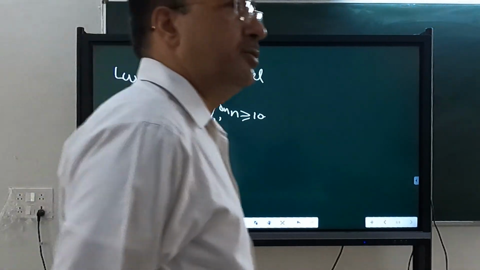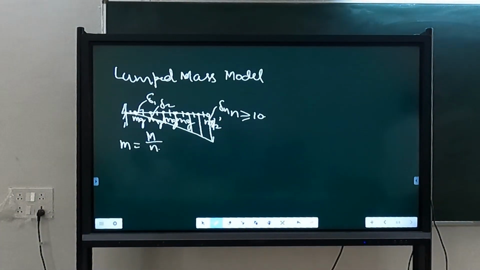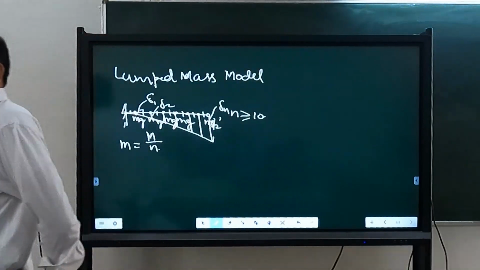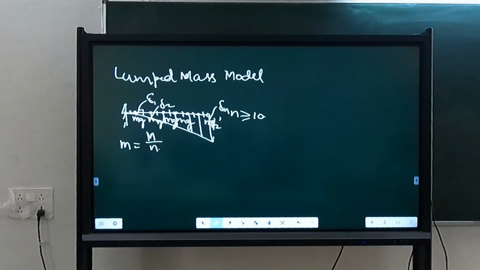Any method you know by which manually you can find it? You can always make a computer model of this and find it out. But manually, any method you know, you have done?